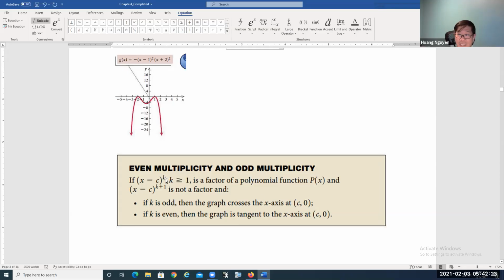If the multiplicity k is even, then the graph is tangent to, or touches, the x-axis at the point (c, 0). Based on the multiplicities, we can determine whether the graph of the polynomial function will cross or be tangent to the x-axis.